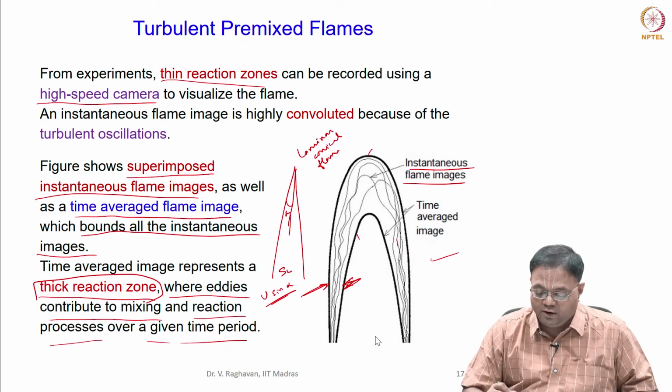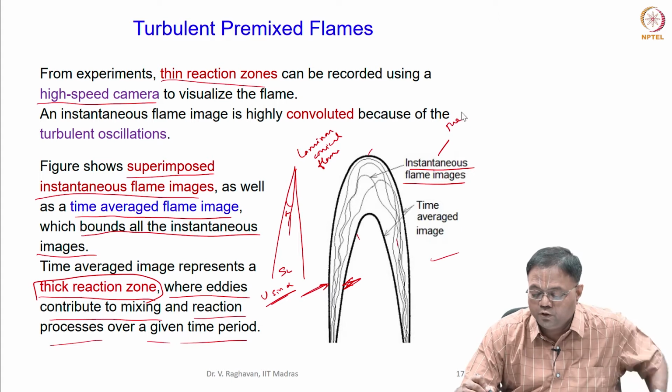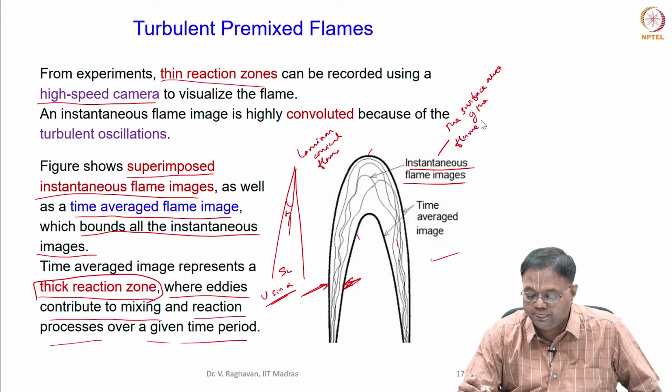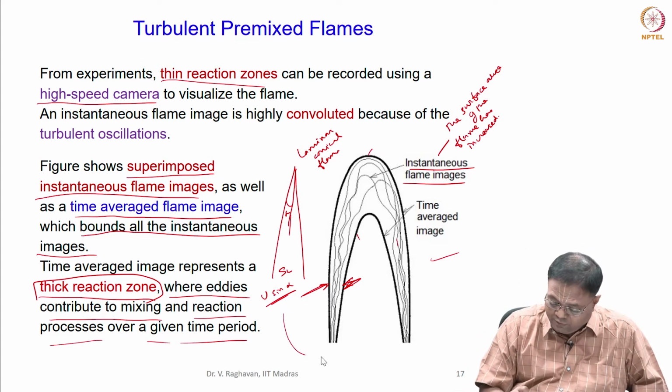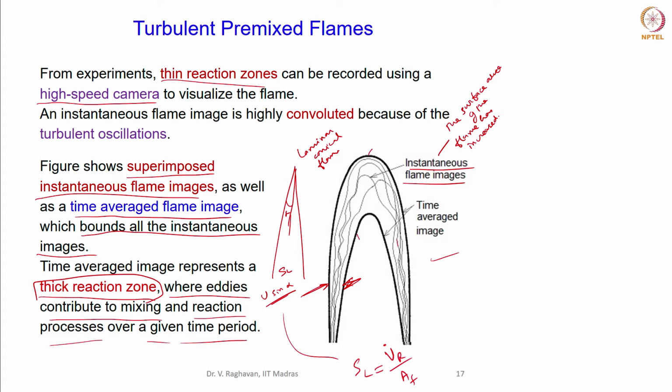But in this case, you can see that for the instantaneous image, the surface area of the flame has increased. Now coming back to the laminar case, SL is nothing but the volumetric flow rate of the reactant divided by the surface area of the flame.